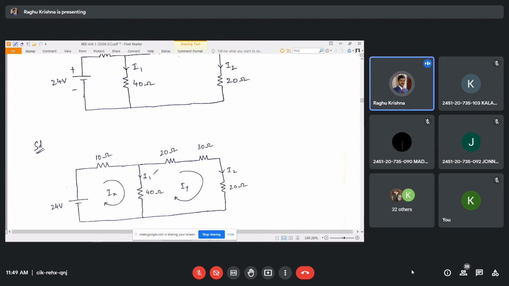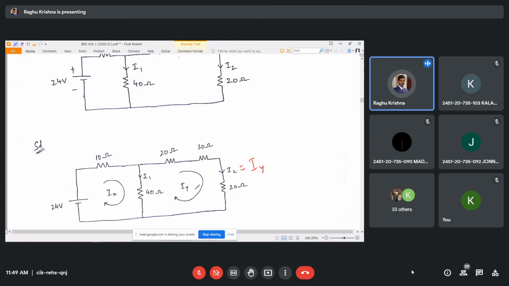So I1 is equal to Ix minus Iy. Coming to I2, I2 is equal to Iy. So first let us find Ix and Iy.